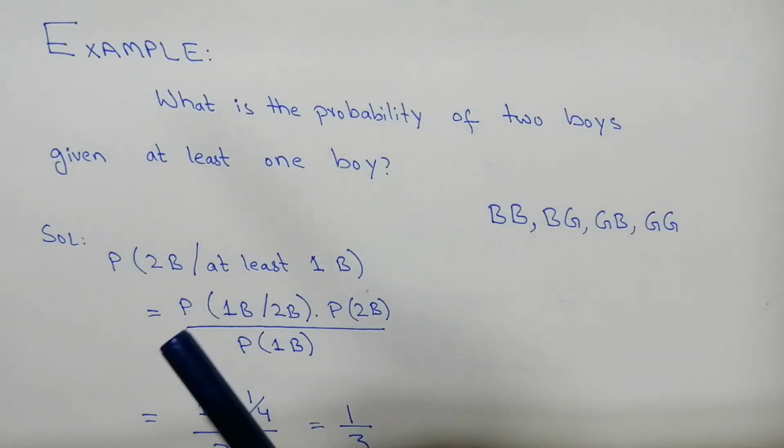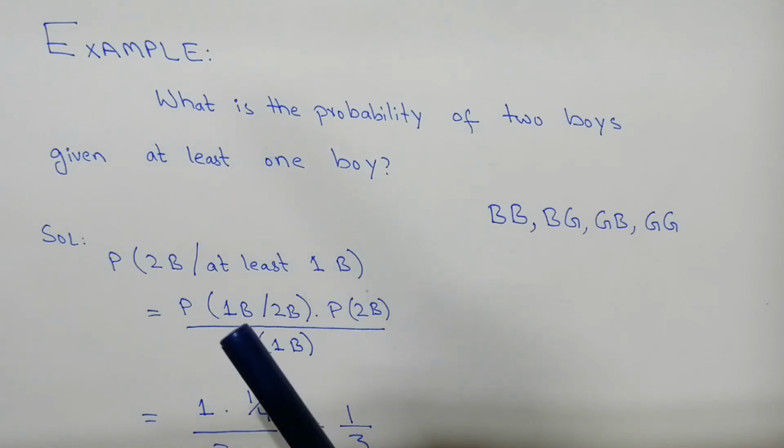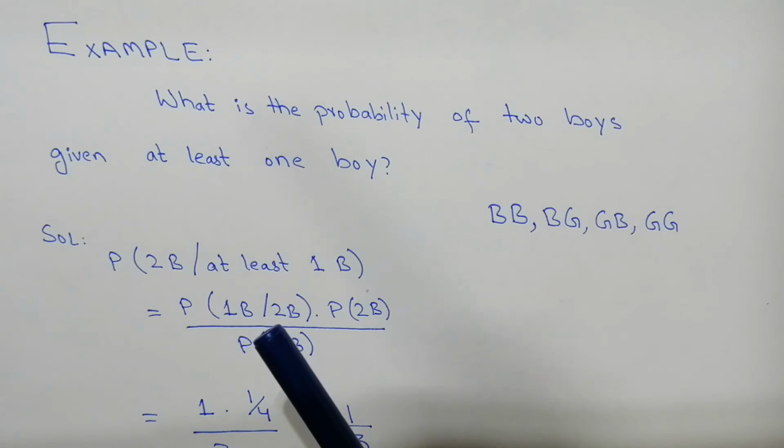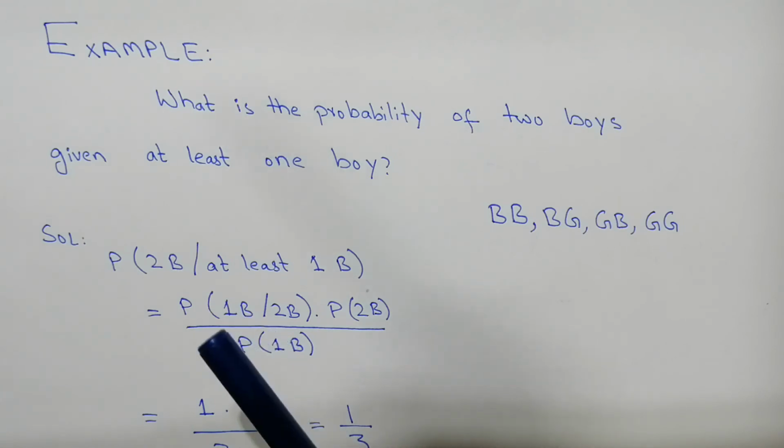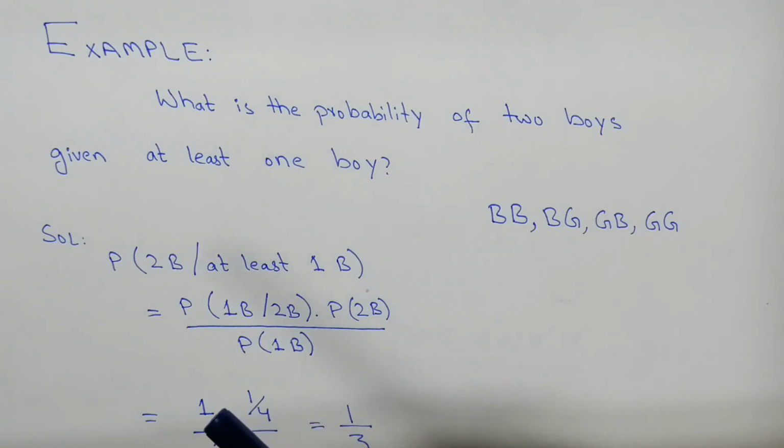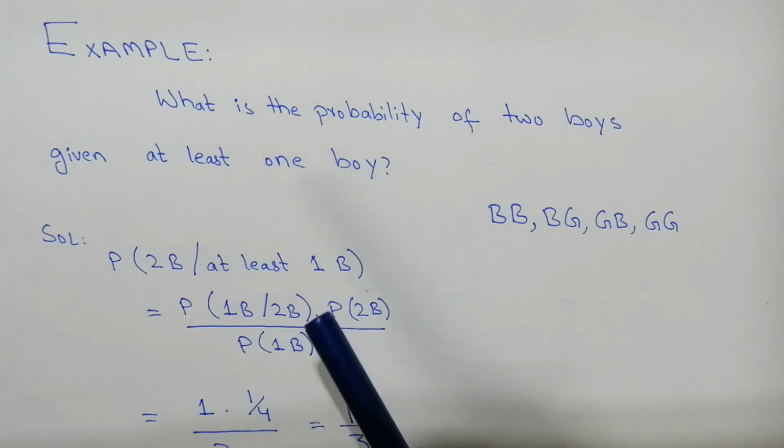So the first one says the probability of one boy from the two boys. Definitely if we have the two boys, then this is the 100% probability that we are getting the one boy. So we can write 1 over here, 1 multiplied by the probability of getting two boys.